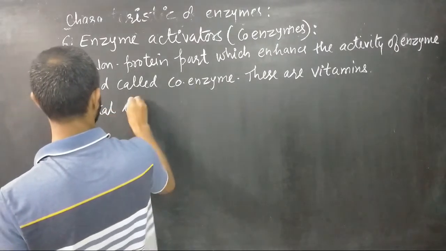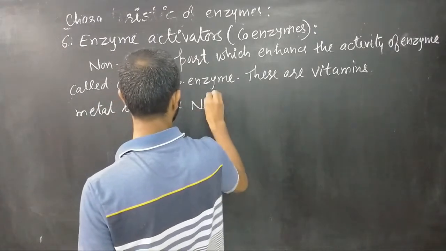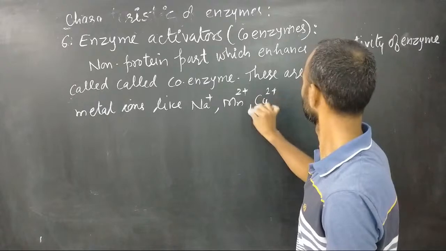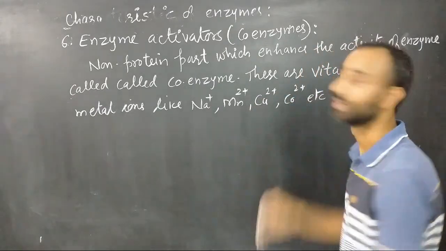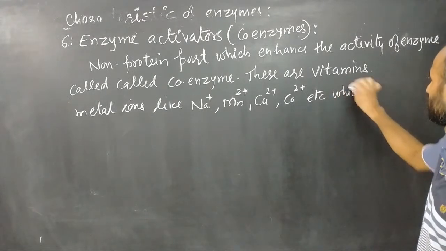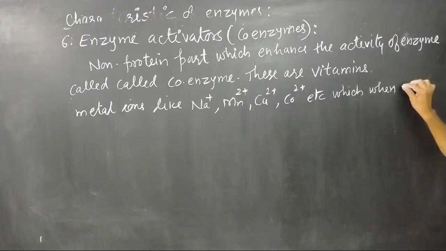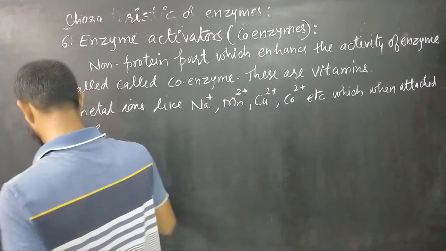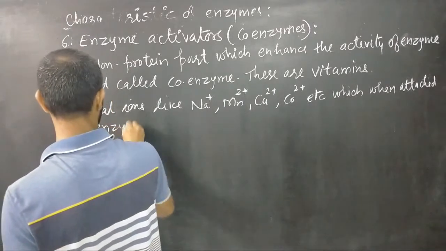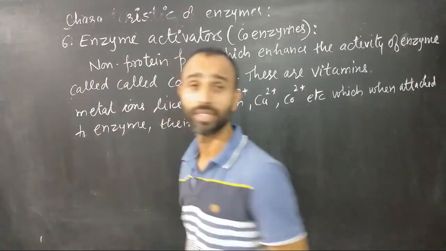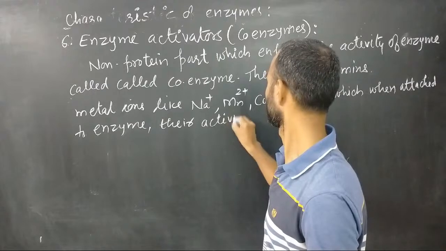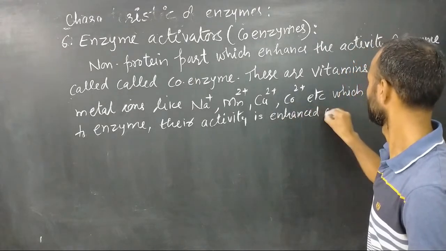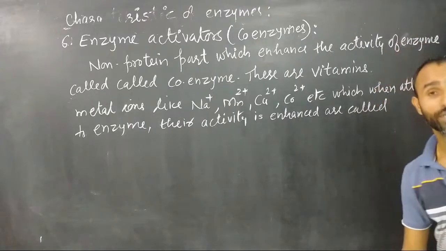Metal ions like sodium ion, Mn2 plus ion, even copper 2 plus ion, cobalt 2 plus ion, etc., which when attached to enzyme, their activity is enhanced, are called activators.